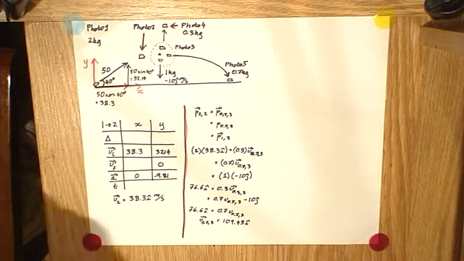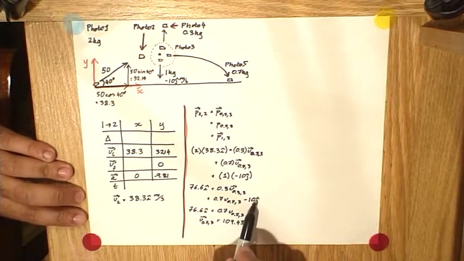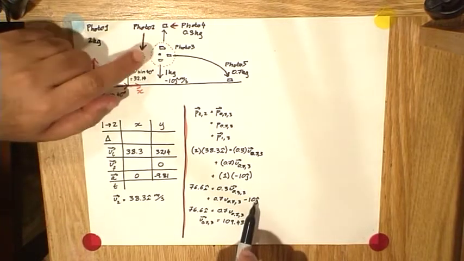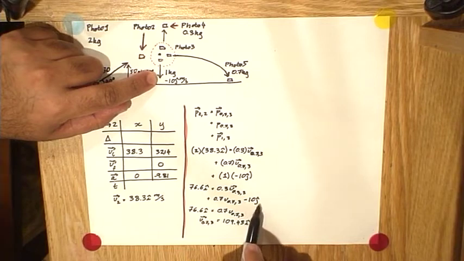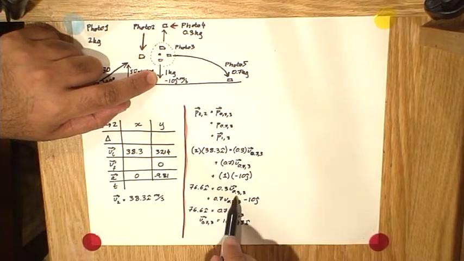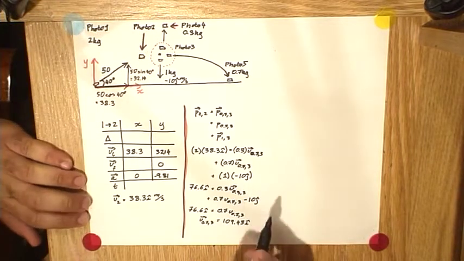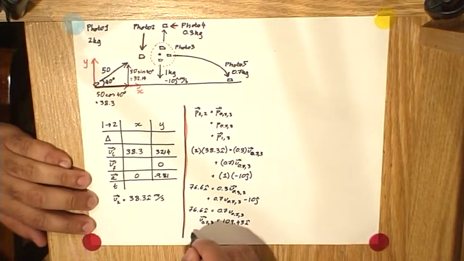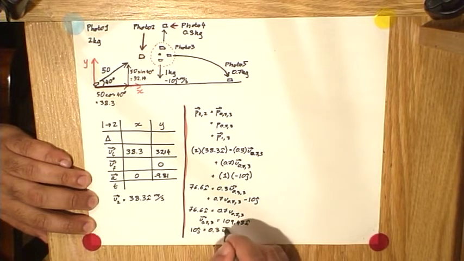In the meantime, with a little bit of rearrangement, we can look at the remaining terms and see how they are moving in the j direction. Remember, the 1 kilogram object was moving downwards in j, that's where this negative 10 j hat momentum came from. And the 0.3 kilogram object is moving upwards in j, and that must be the counterbalance to that. So moving these things around, we get 10 j hat is equal to 0.3 times the velocity of the 0.3 kilogram object in photo 3.